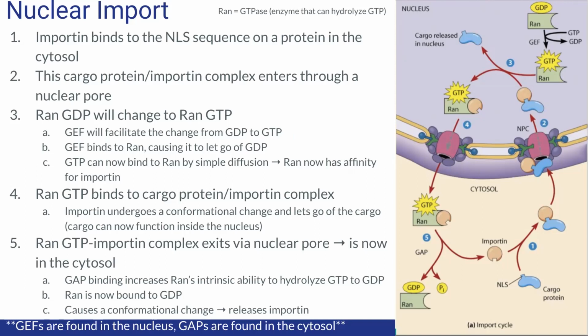So the important part of import in the cytosol is that importin can bind and stay bound to the cargo. If we had active RAN in the cytosol, it would bind to this complex and cause it to let go of the cargo. Okay, so then that disrupts the whole process.